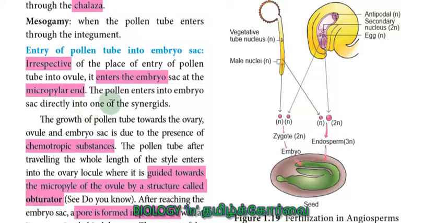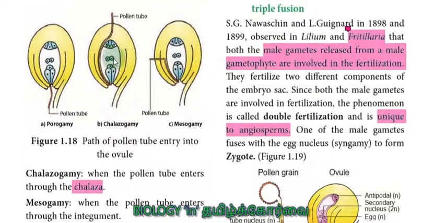You know very well what synergids are. Here there are three cells, of which one is the egg cell and the other two are synergid cells. Here are the antipodal cells and these are the polar nuclei. Once the polar nuclei join together, they form the secondary nucleus, which is diploid in nature. Now the pollen tube enters first through the synergids.